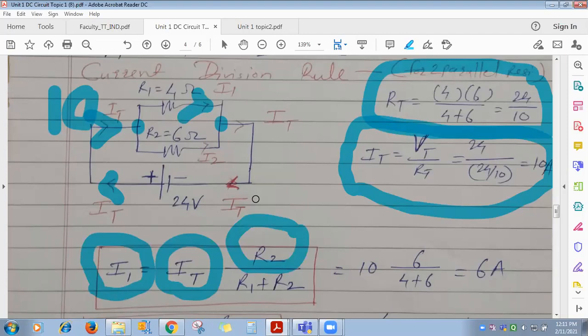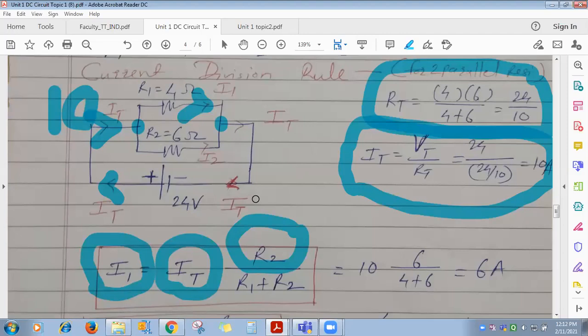Ma'am, please tell the reason once again, why did we use R2 instead of R1 above? What is the reason? See, whenever you use any formula, it was derived by scientists by doing simplification. They do the calculations on the circuit and find it out.